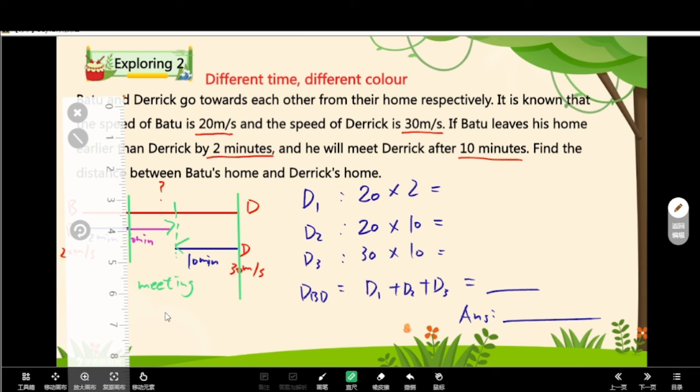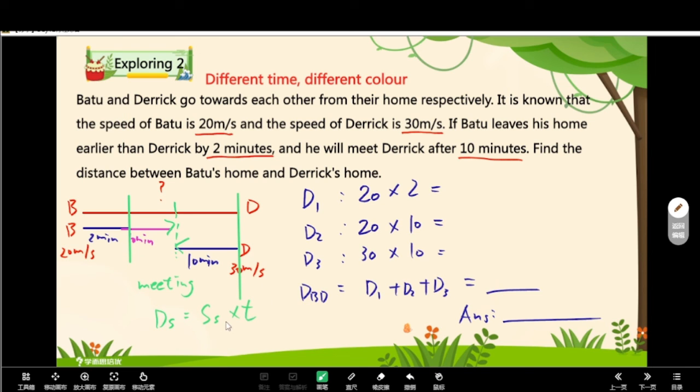So actually we can use the sum of distance because it is talking about the distance Batu traveled and the distance Derek traveled. So how can we calculate the sum of distance? Do you still remember? You can use the sum of speed multiplied by the time, and then you can get the final answer.